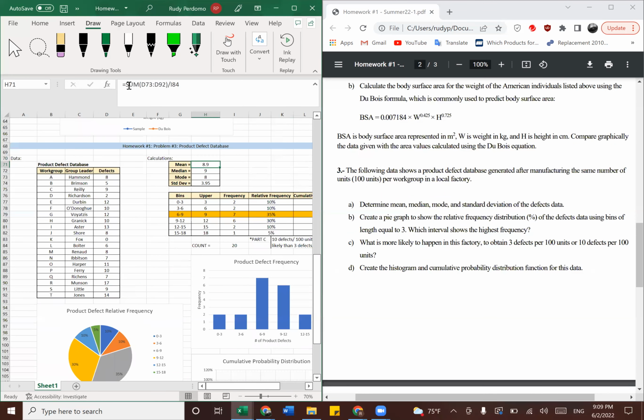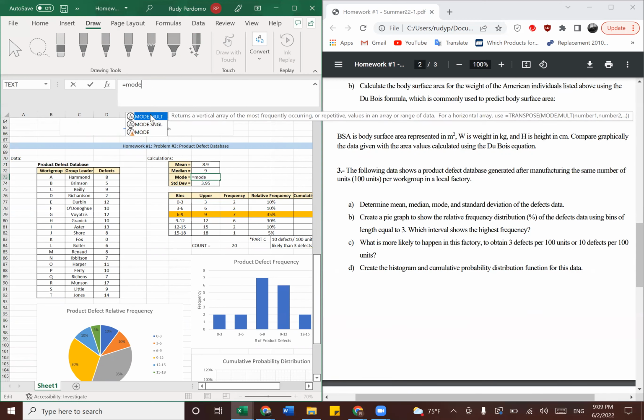So for mean, you could just do average of all this data, 8.9, right? For median, you just use the median function, and you highlight the entire data set.